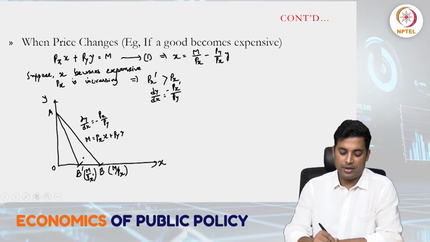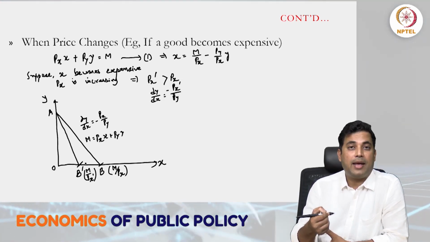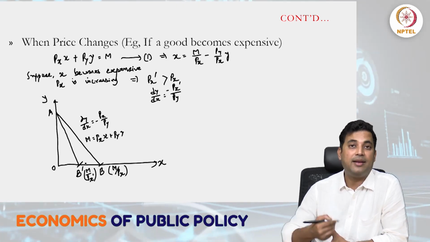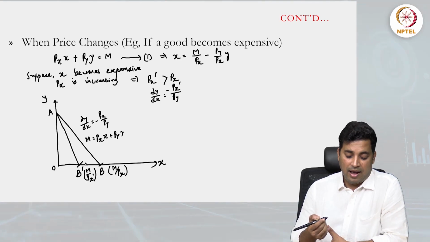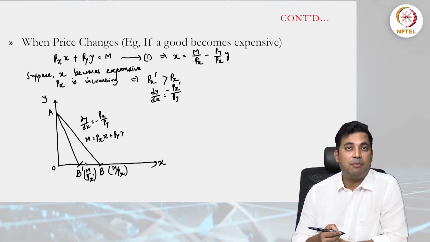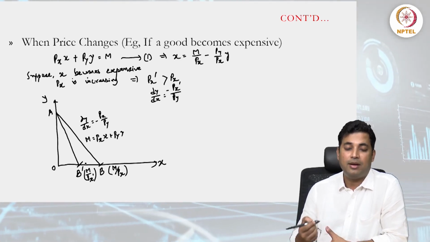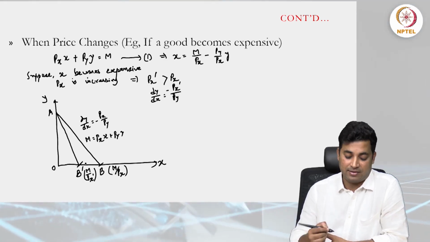So here at point b dash, overall value of m by px will be less because price of x has become expensive, and therefore the slope of the budget line will be much steeper when a good, like here in case of x, has become expensive.